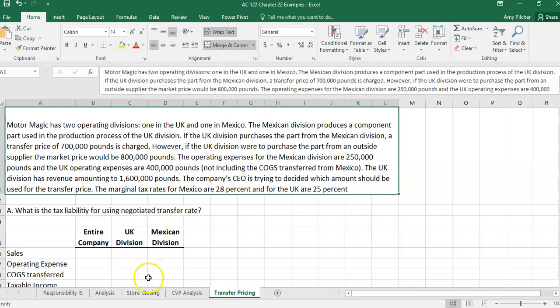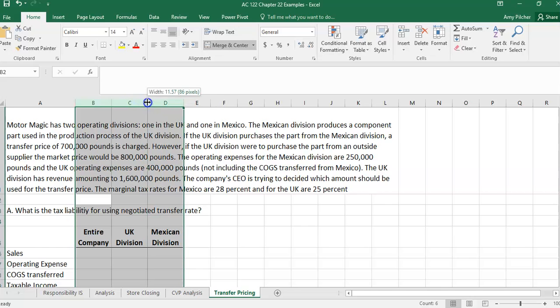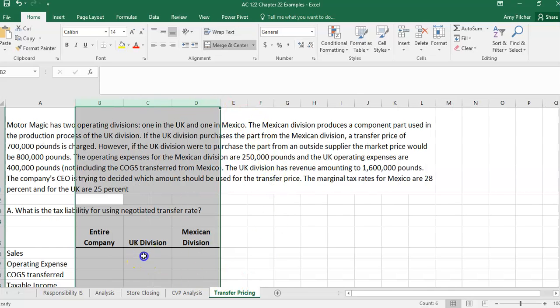So in this example, we're trying to decide whether we should use the negotiated rate of £700,000 or the market rate of £800,000. So we're going to compare the two. When we're trying to decide which transfer pricing is best for the company, it is the one that gives us the biggest tax advantage. So we have to look at the tax implications for these different options.